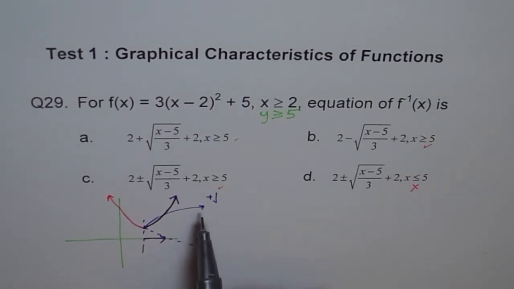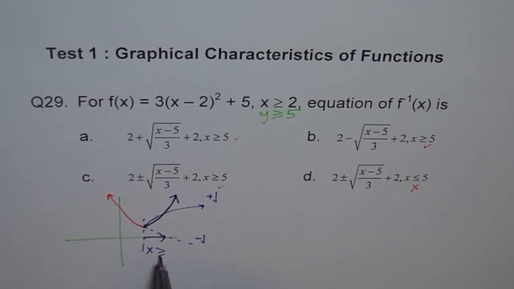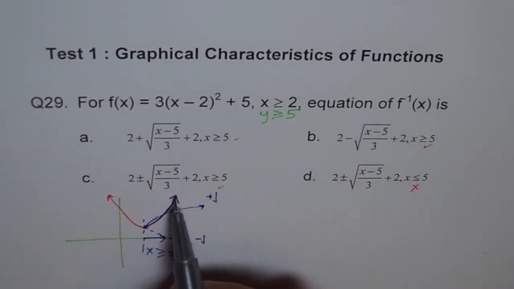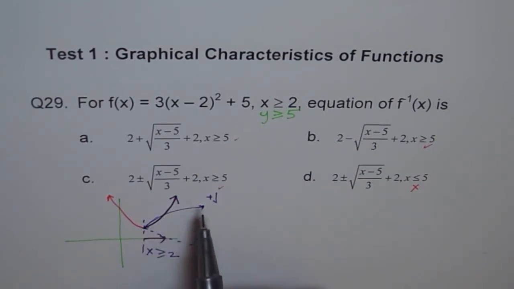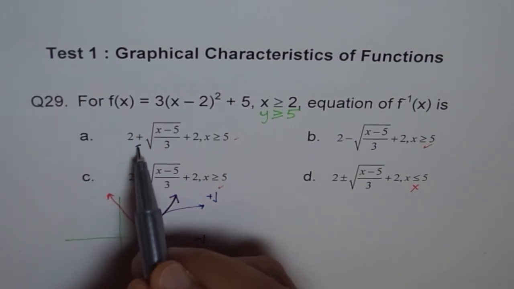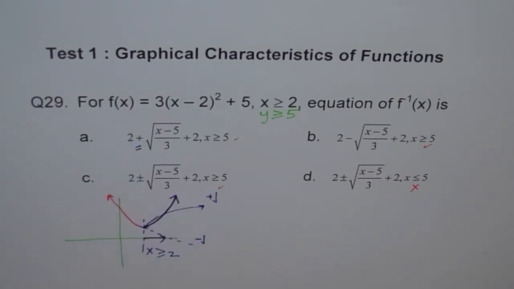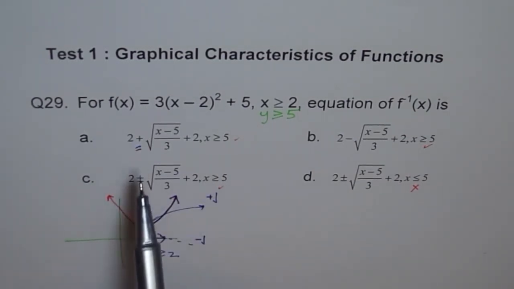Since we have restricted the domain to x greater than or equal to 2, we are considering only the right half of our parabola. Therefore, in the inverse, we will also consider only the upper half of our function. Upper half means plus. Do you see that? This one is the one with plus, and that is the right answer.